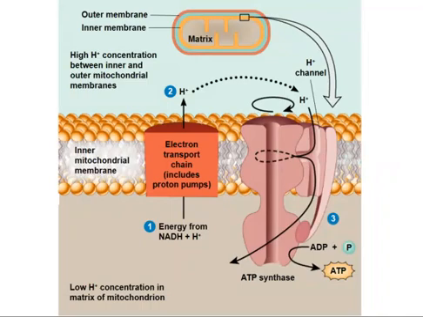We have the inner mitochondrial membrane with the electron transport chain, and that chain will pump hydrogen ions, protons, and inside the membrane we have a low hydrogen concentration in the matrix of the mitochondria.